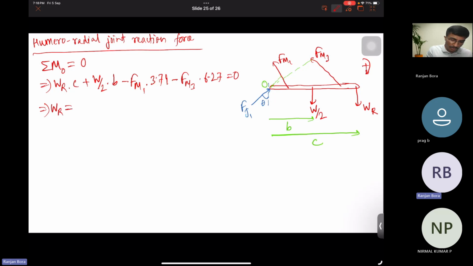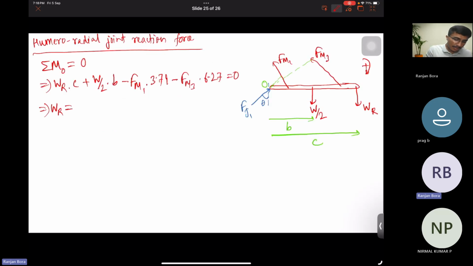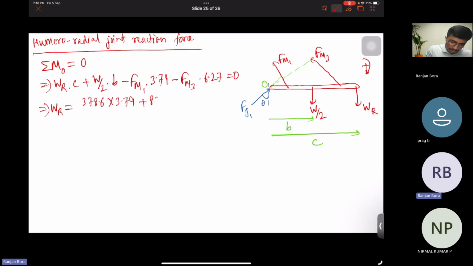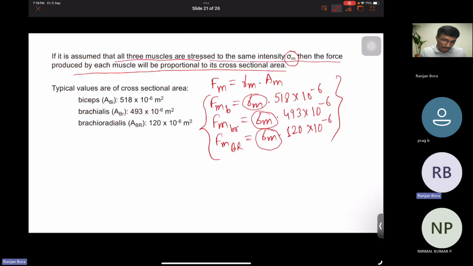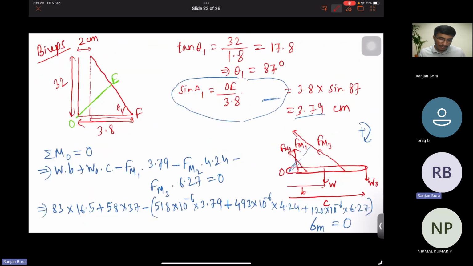WR will be, FM1 was how much? This biceps muscle 378.6 multiplied by 3.79 plus FM3 is 87.7 multiplied by 6.27. There will be one more term, which will be W by 2. W is given 83, and B is given 16.5.